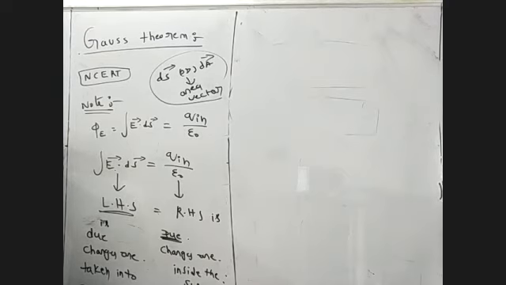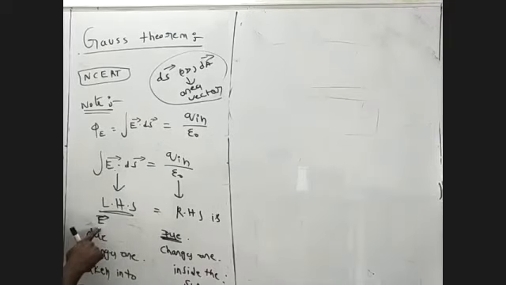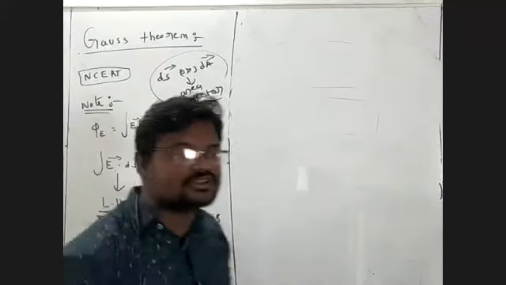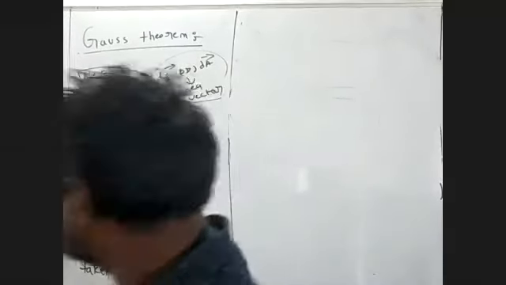Both we are taking, Q out we are taking. So the electric field on the LHS is due to charges both inside the surface and outside the surface. That is very important.